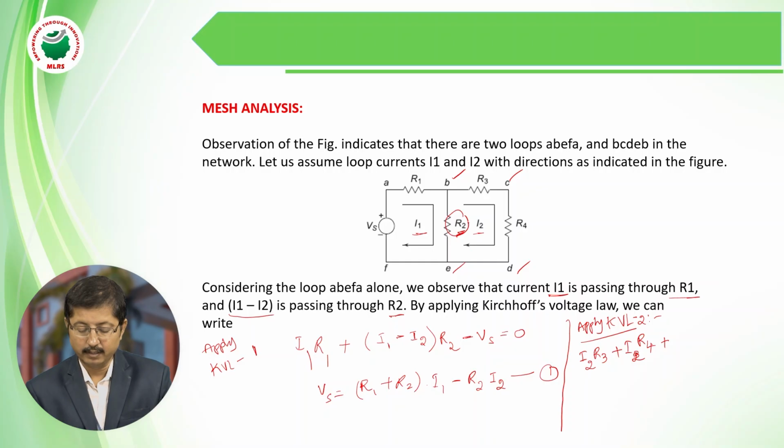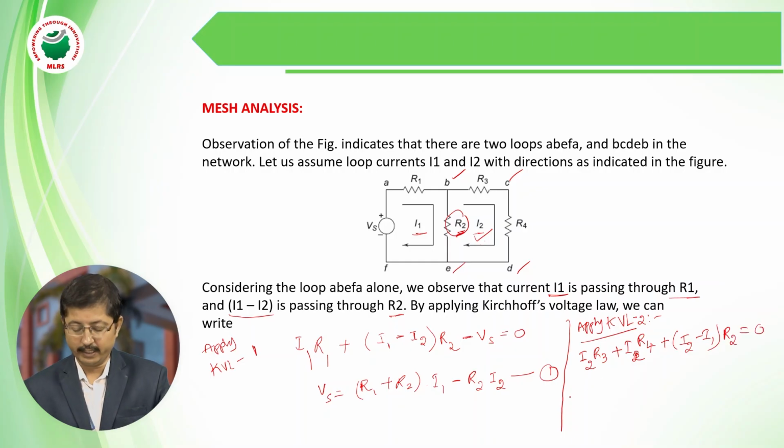Which loop have we taken first? First we consider that current, and next we can consider the second loop current. So that is I2 minus I1. Whenever we consider this as our primary loop, first we take I1 and I2, so I2 minus I1 of current flows into this branch. That is I2 minus I1 into R2 is equal to 0.